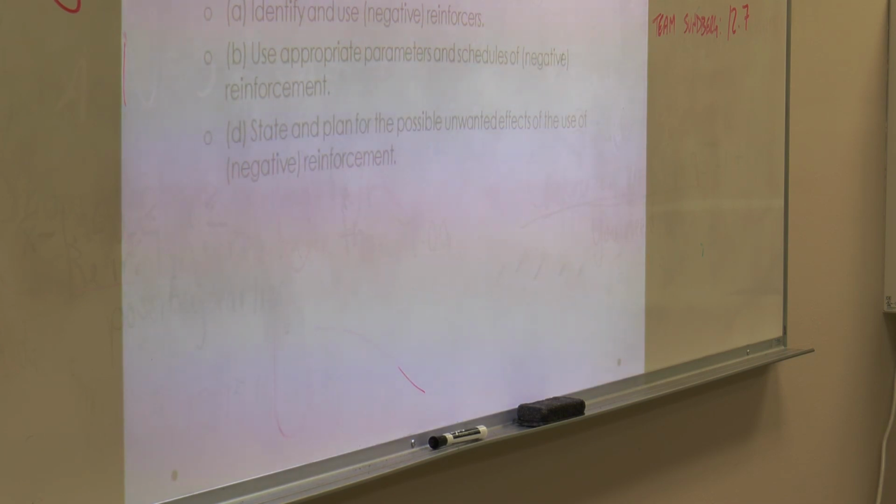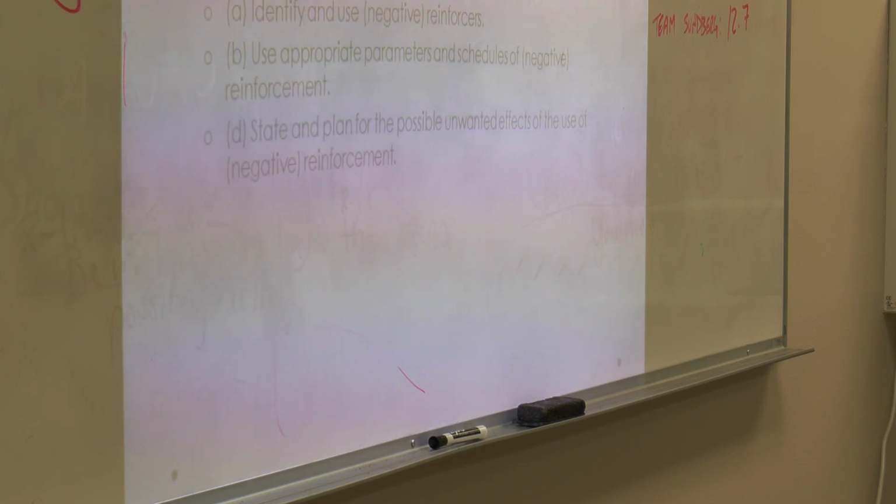Next objective: use appropriate parameters and schedules of reinforcement. We talked about some of the effectiveness of negative reinforcers, one of those being consistency. What are some things? Magnitude, immediacy, consistency.